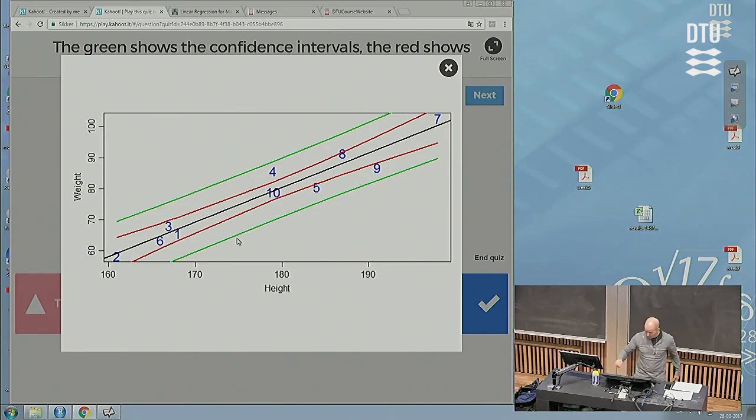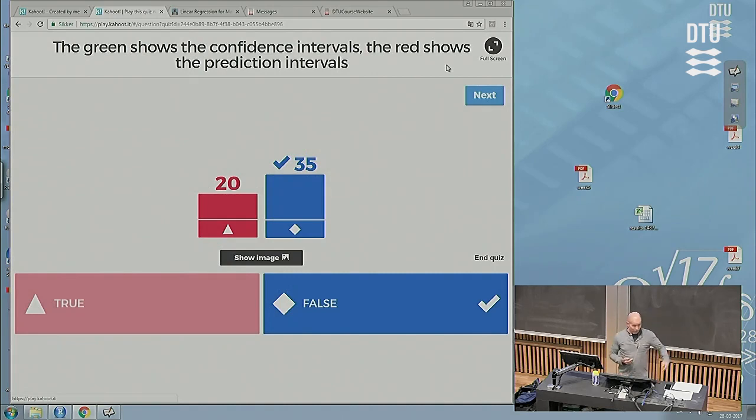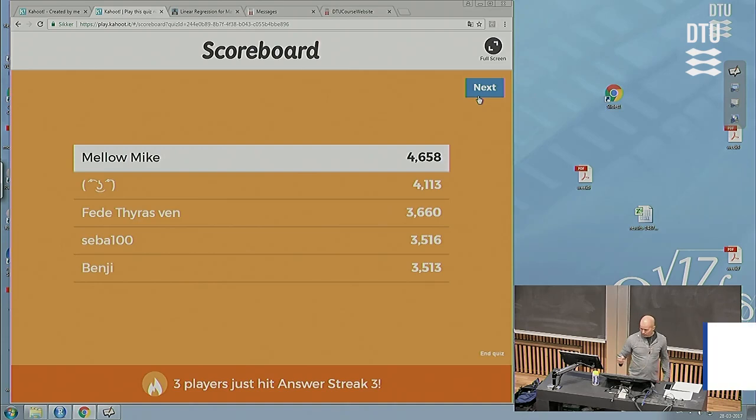So that's the distinction between using a line for estimation, confidence intervals, or using a line for prediction, individuals. They are used for both in real life applications. So both can be important. That's why you see in R, both of them come in the same way, just a matter of how you choose the option. Mellow Mike is still in business.